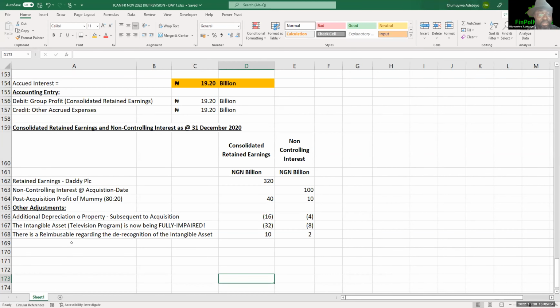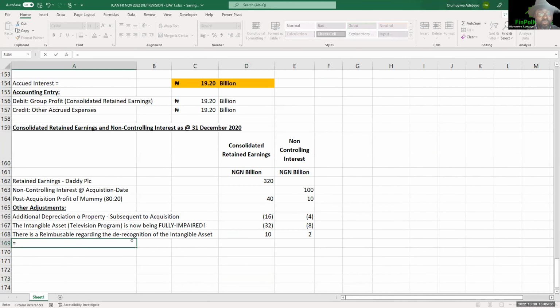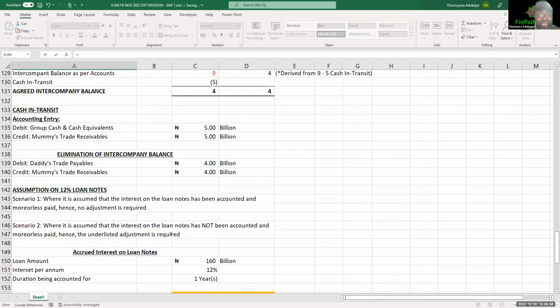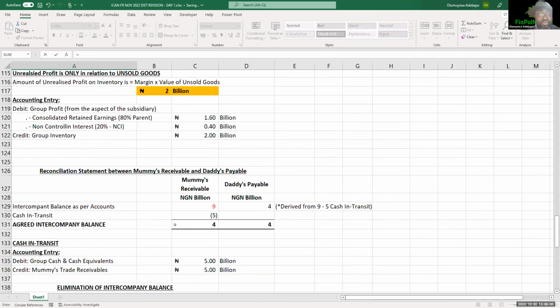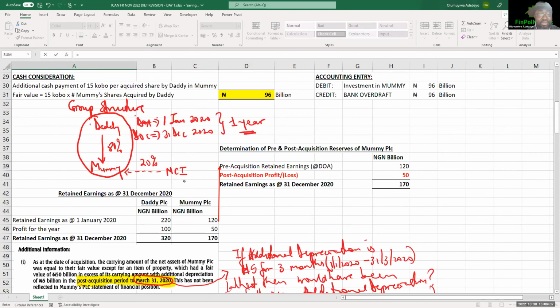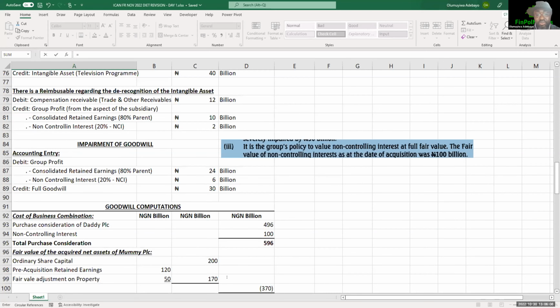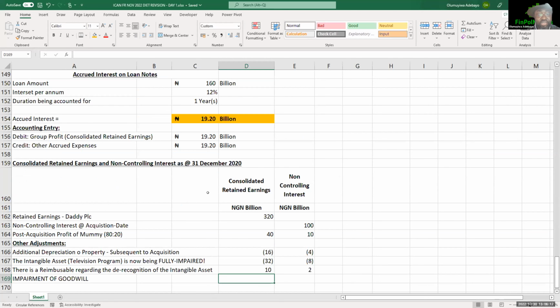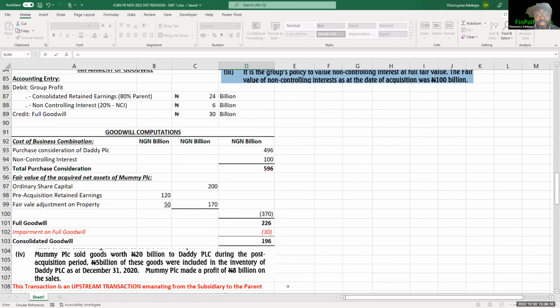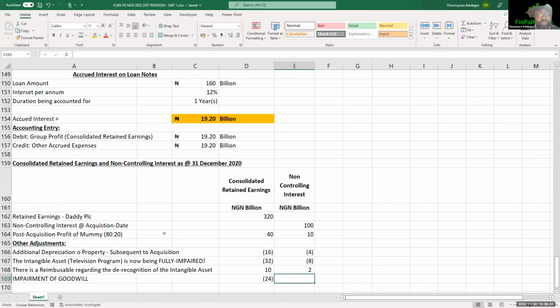Okay, which other adjustments? You won't miss anything when you follow it in those orders. Impairment of goodwill. We said we should charge 24 to the parents and 6 to the NCI.